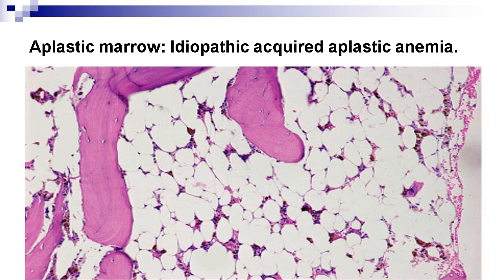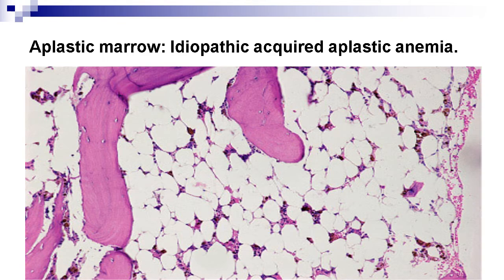This is an aplastic marrow of a true, real case. The large component here is the bone marrow trabeculae, woven bone, and the marrow area, which is the factory of the hematopoietic cells, is replaced by fatty cells in more than 50%.